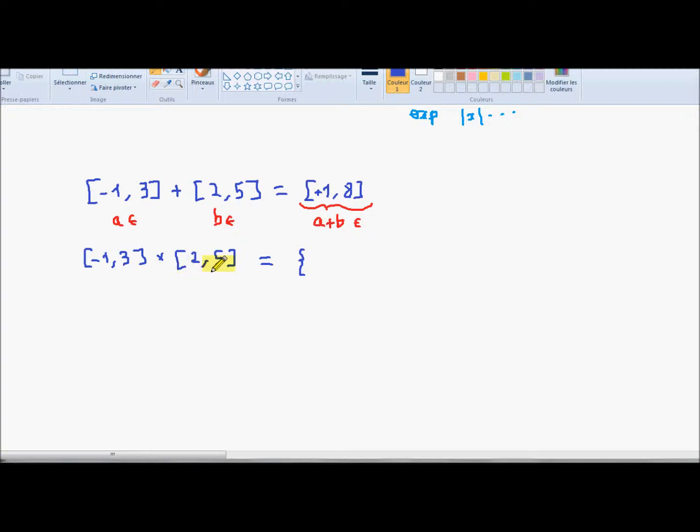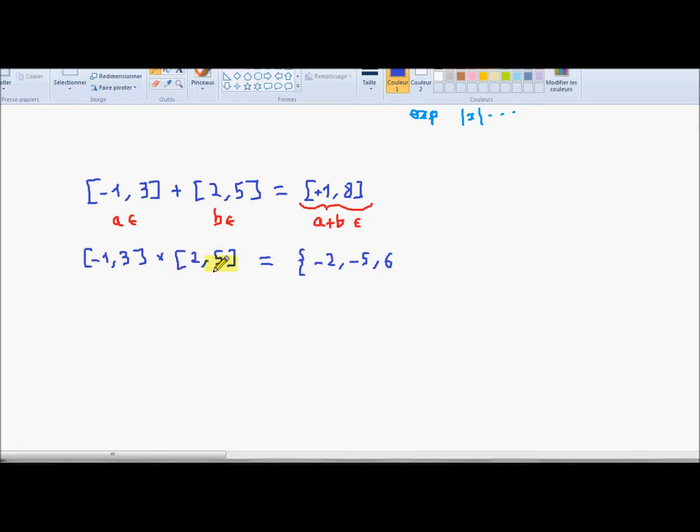If A is -1 and B equal to 5, I will obtain -5. 3 multiplied by 2 is 6. 3 multiplied by 5 is 15.